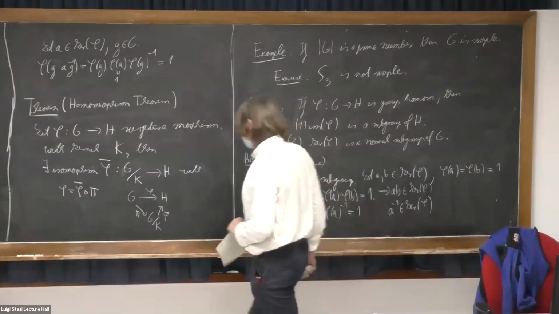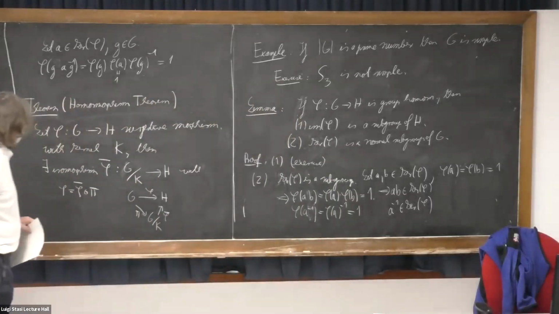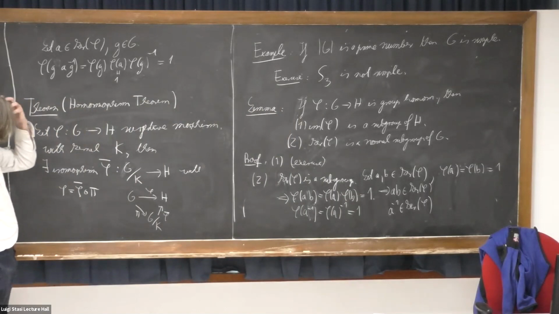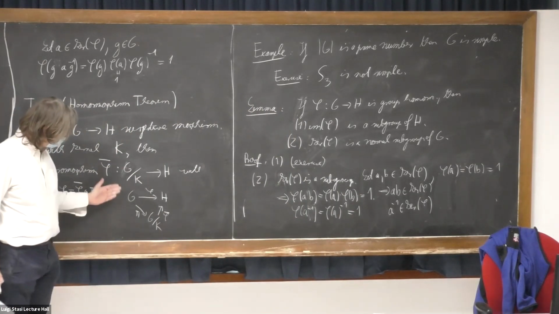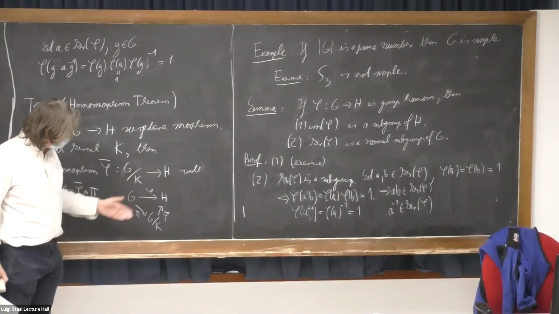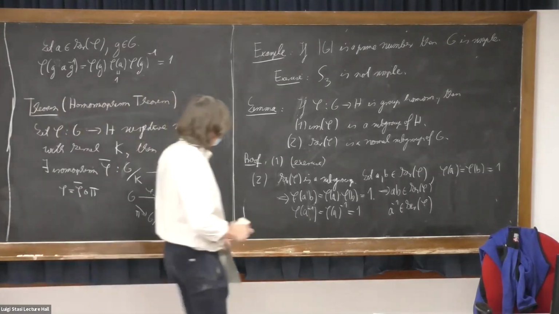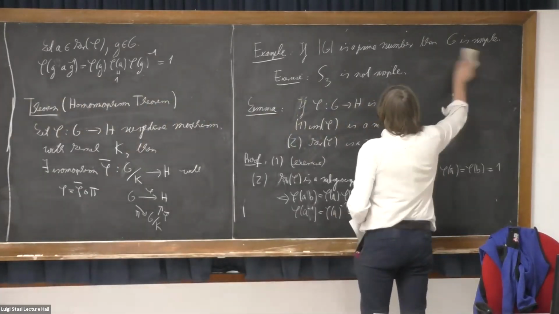So it takes longer to state it than it takes to prove. But as I said, it is quite simple, but one somehow wants to use it all the time because it's practical to say: with the surjective homomorphism, replace G divided by the kernel, and then replace H by G divided by the kernel, and then go on.